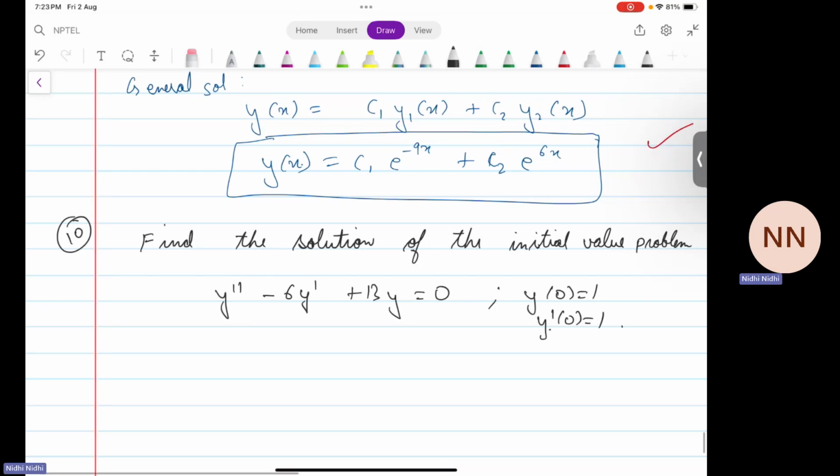You must have observed that while solving initial value problems of first order, we needed just one initial value. But in the case of second order, since we will be having two arbitrary constants, we need two initial values.